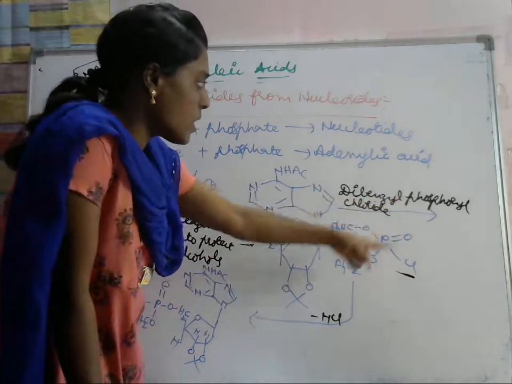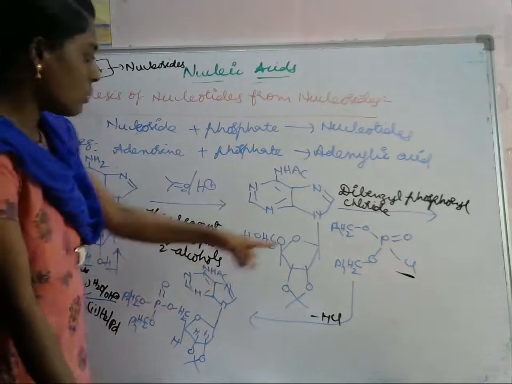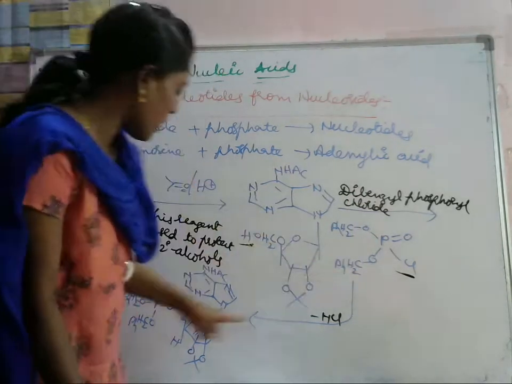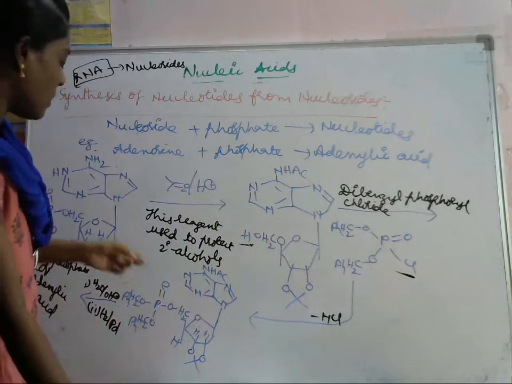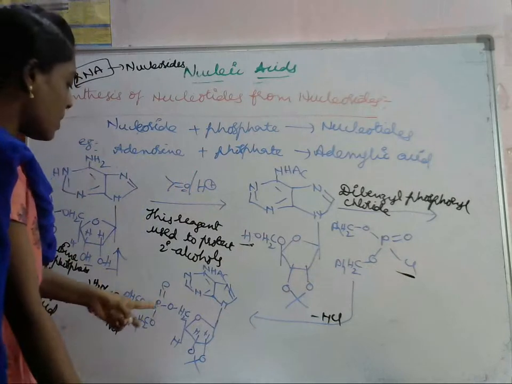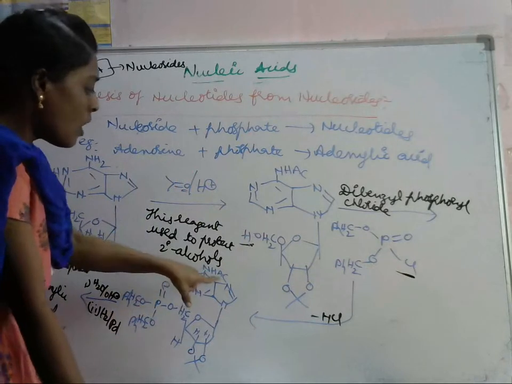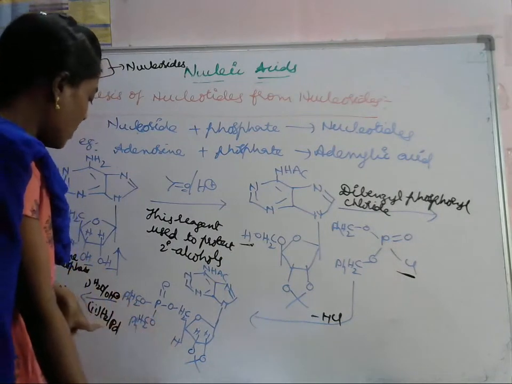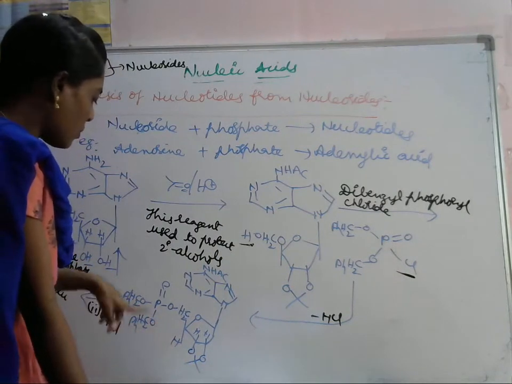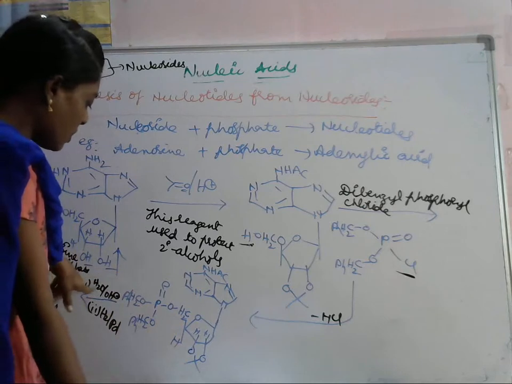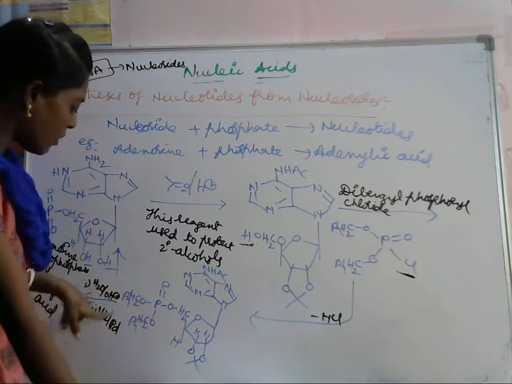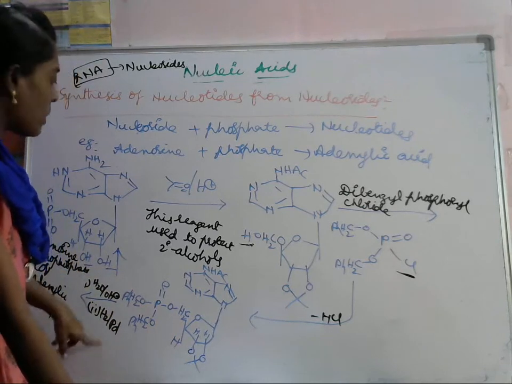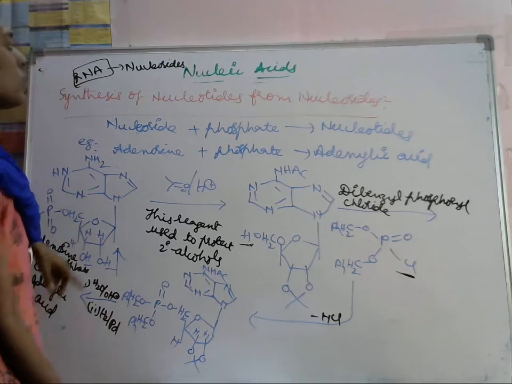Next, if it is treated with dibenzyl phosphoryl chloride, it removes this OH and Cl, and we have a dibenzyl phosphate group. Next we have to deprotect this Ac group, this acetyl group and this benzyl group, using deprotecting reagents, which are base hydrolysis and hydrogenation with palladium. Finally you will get the nucleotide.